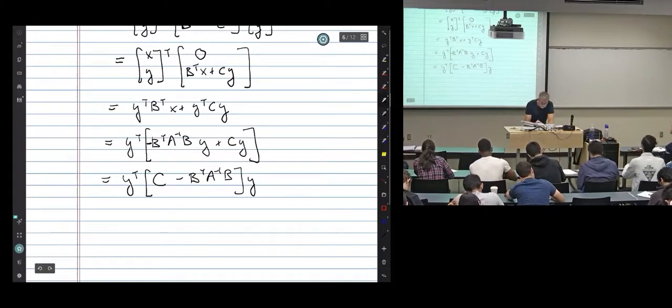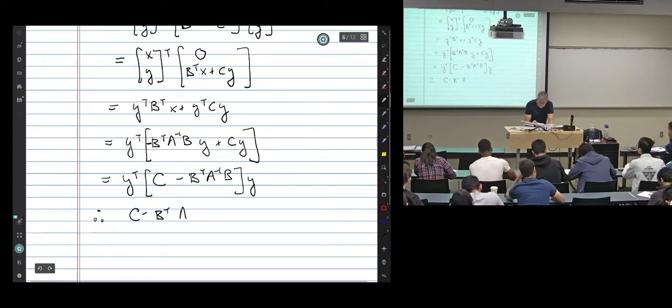Okay, so conclusion, C minus B transpose A inverse B is positive definite.